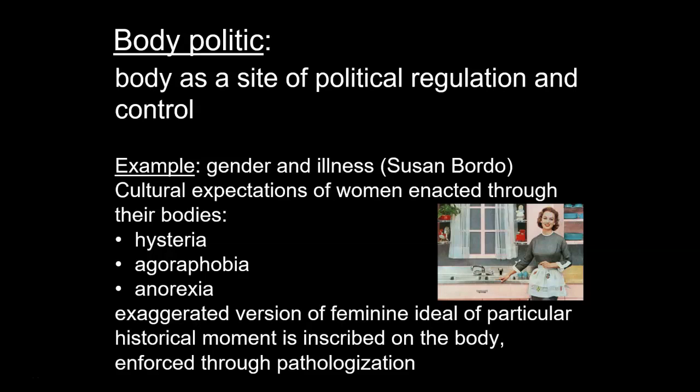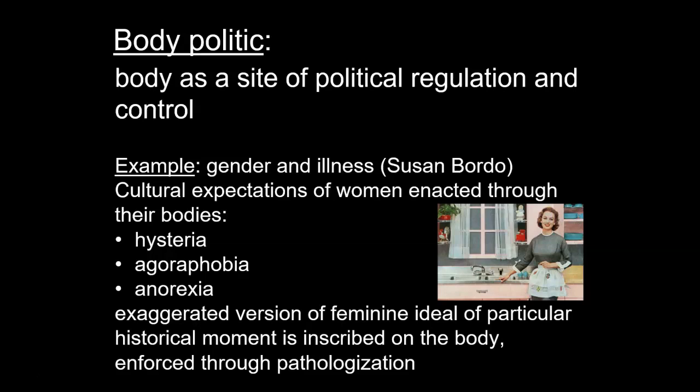And second, she's saying that the way that these particular illnesses function was as a means of sort of control, particularly of women's bodies, by pathologizing elements of what were understood to be distinctive female elements of embodiment and character. Okay.